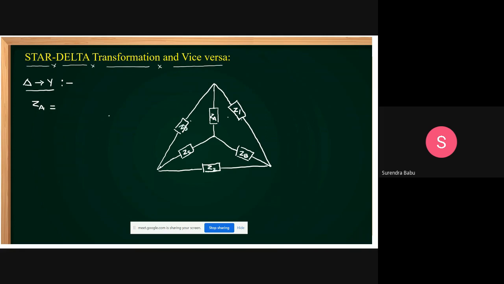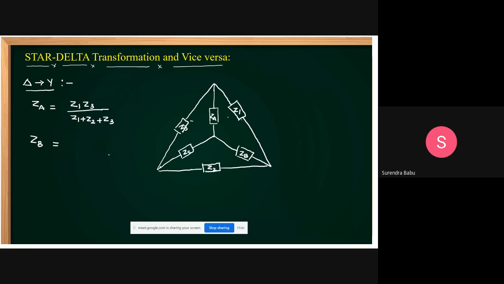Yes, students. Now you tell me what is the ZA. Product of opposite. That is Z1 into Z3 by Z1 plus Z2 plus Z3. ZA equal to Z1 into Z3 by Z1 plus Z2 plus Z3. Now what is the ZB, students?